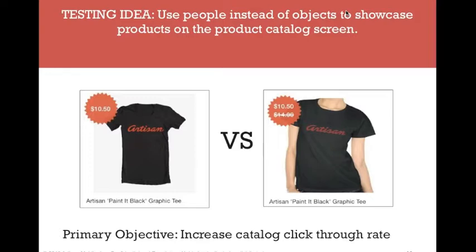There are a number of different ways that you can do that. You can use humans, animals, or objects, but of course, it's always important to have a very clear call to action. And as you can see in the sunburst, again there, we're showing the before and after price as well.